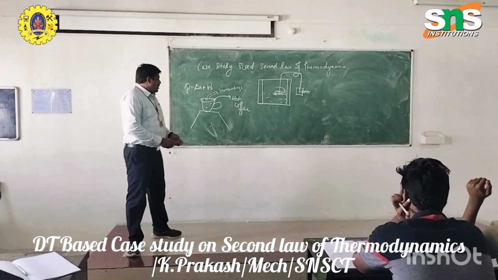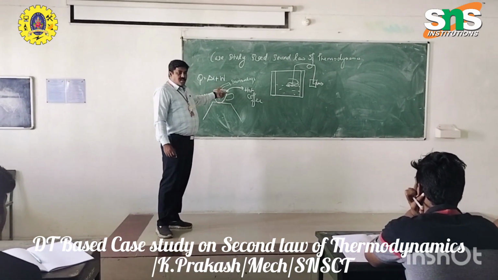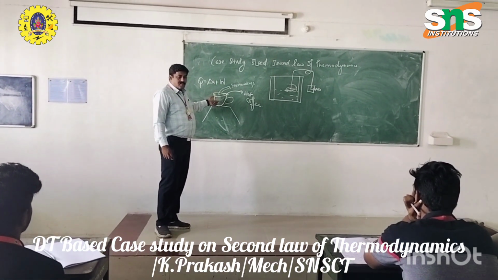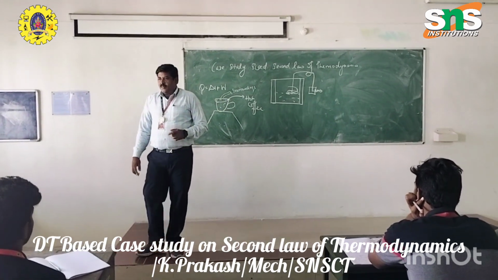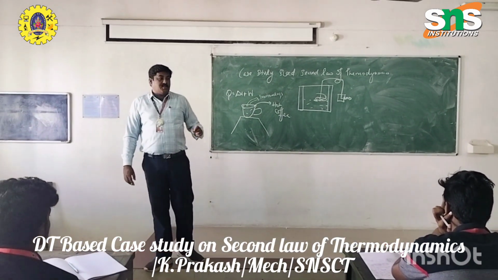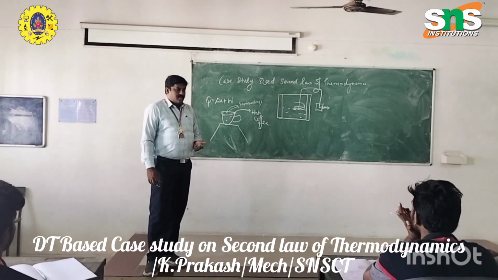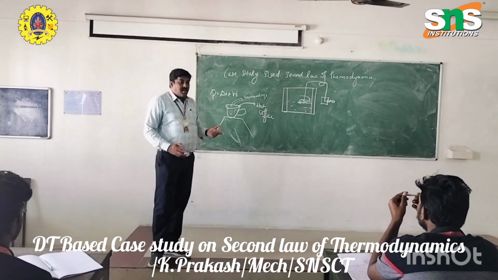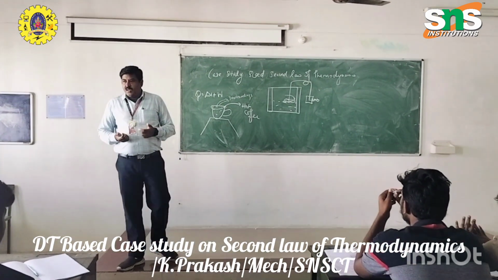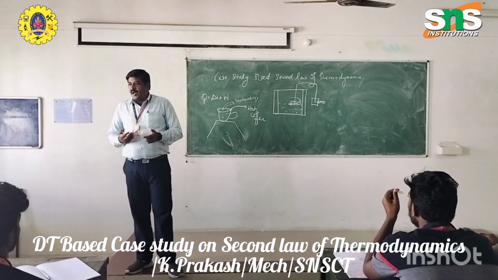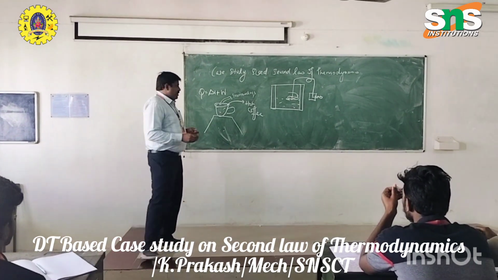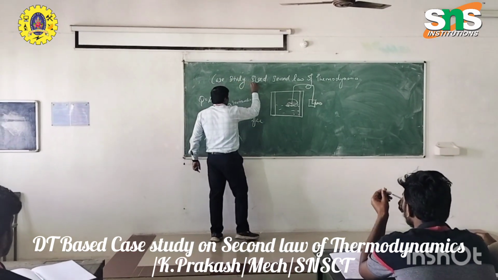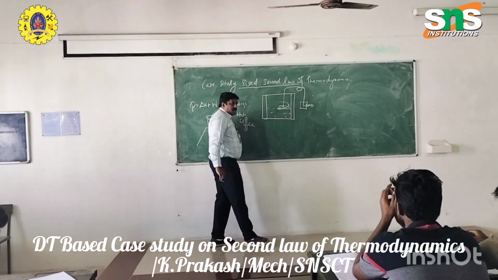So what is the empathy in the first law of thermodynamics? It gives a clear-cut idea that energy lost or gained is equal, but it does not specify the direction. So we need a set of rules to guide the direction as well as the energy. This is given by the second law of thermodynamics. Can you understand?